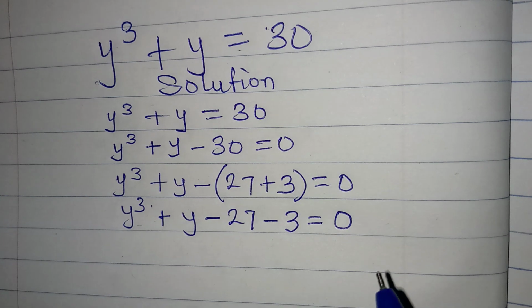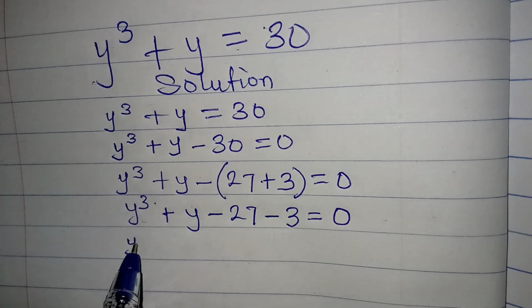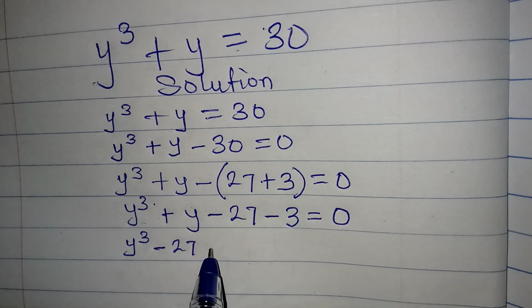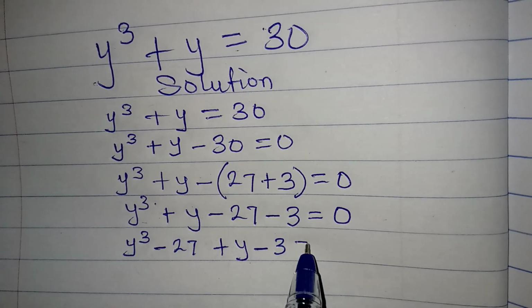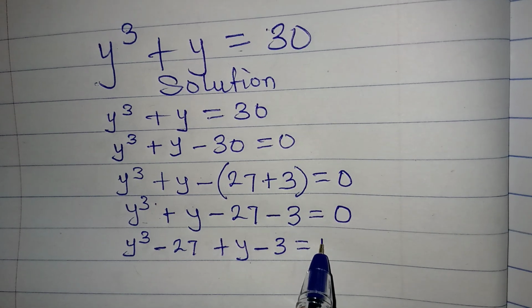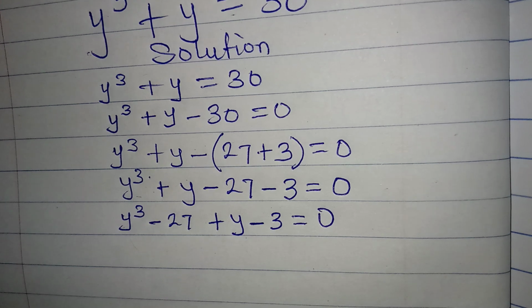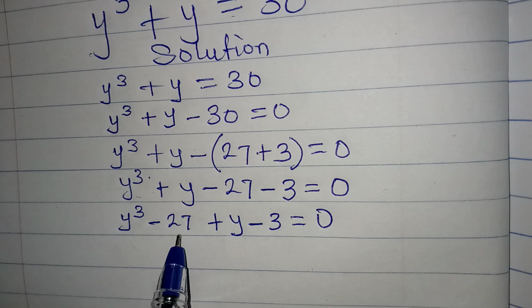But then I want us to rearrange this very quickly, so we get y to the power of 3 minus 27 plus y minus 3 is equal to 0. Okay, now the reason for this arrangement is for me to express 27 in index form.